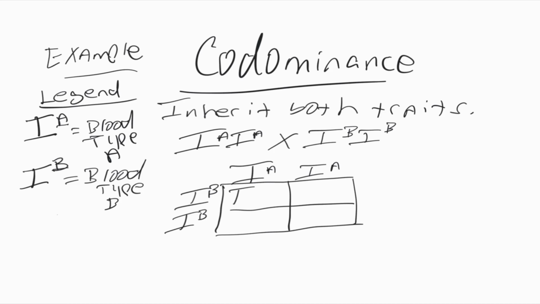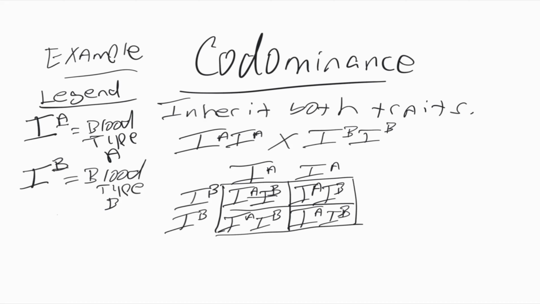Box 1, blood type A from parent 1, blood type B from parent 2. The child will have blood type AB because it's codominant. One does not overpower the other one, you get both. Look at child 2, IA, IB, blood type AB. Child 3, IA, IB. Child 4, IA, IB.